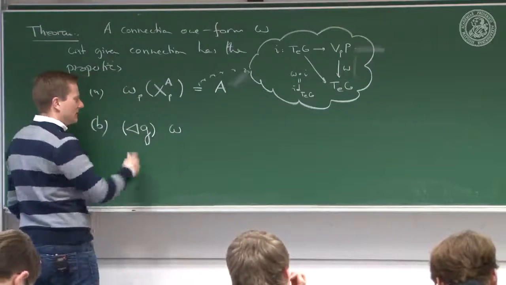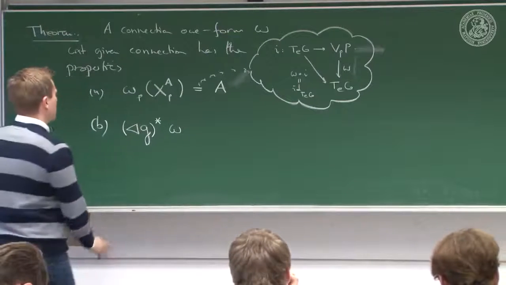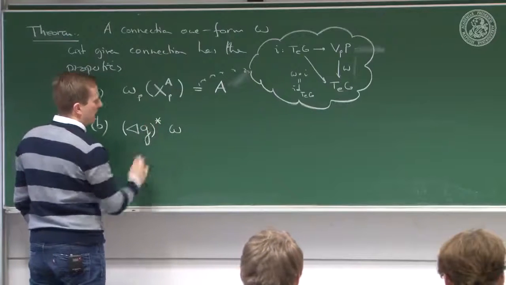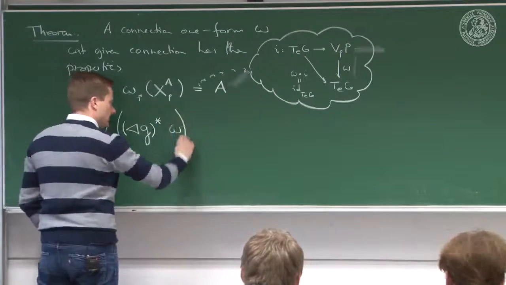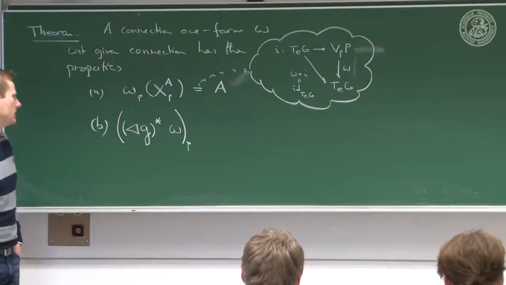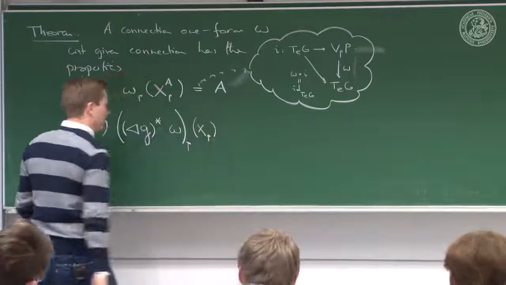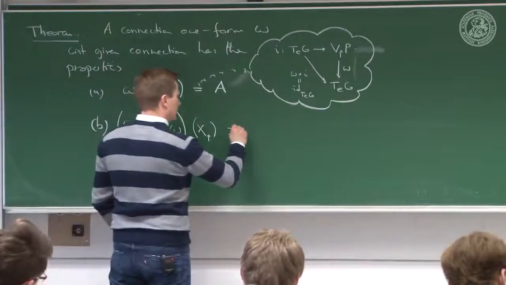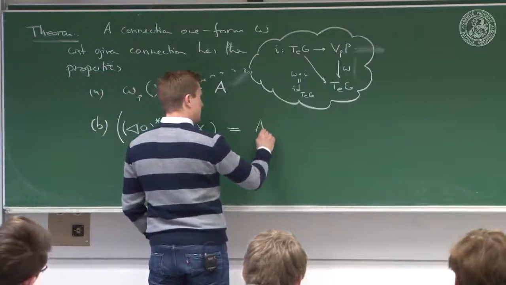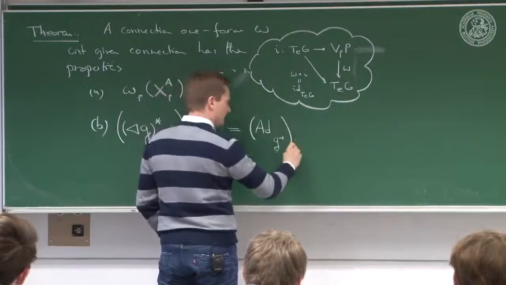Now you know that can only be by pull back, not by push forward, because this acts on P, so this acts on the cotangent space of P, so it can act on this omega. And so if you take the pull back of the one form and look at it at the point P, and then you can plug in a vector X_P, then the property is, at first sight it looks a little complicated. It's the push forward of the adjoint of the inverse G.